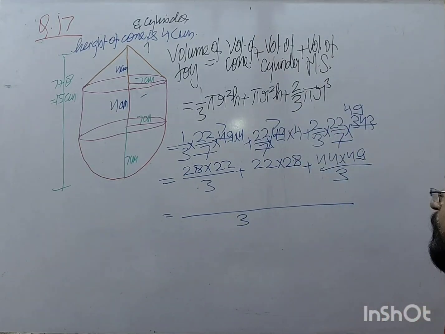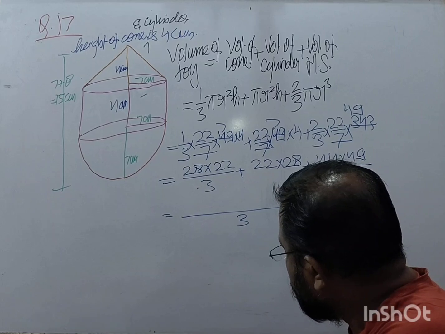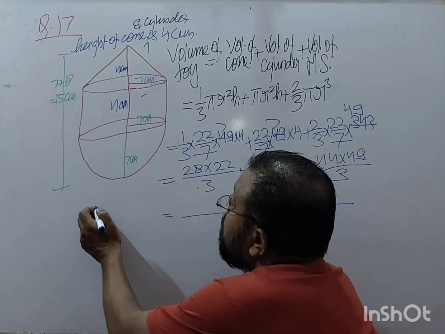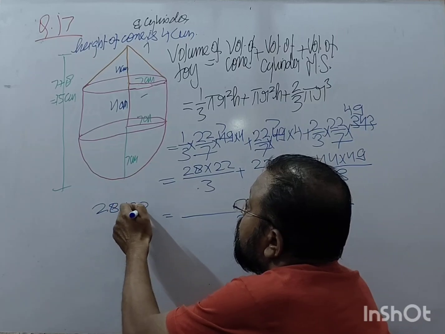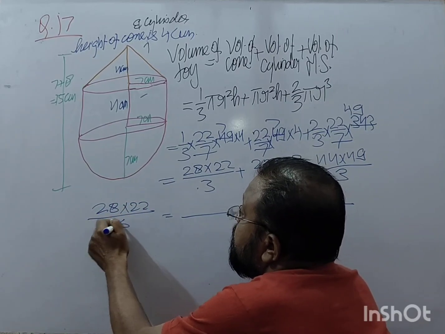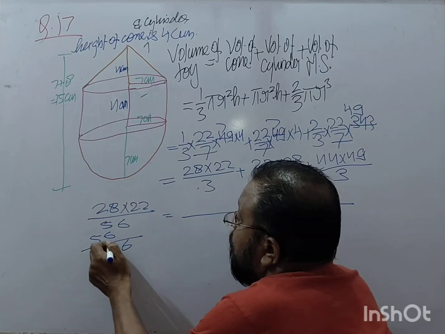So it is how much? 28 into 22. It is 56 and 56. 616.